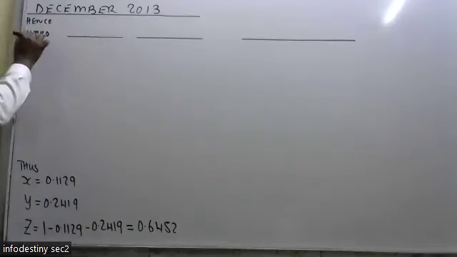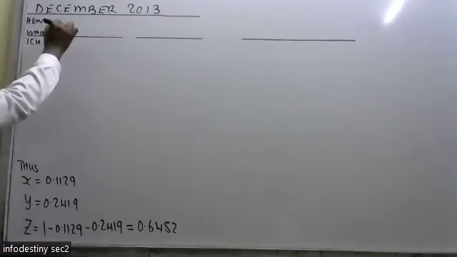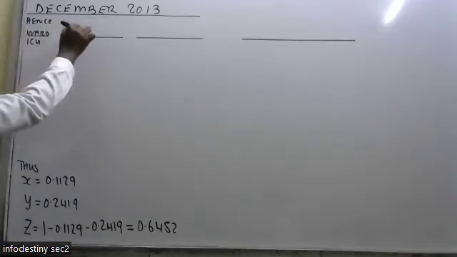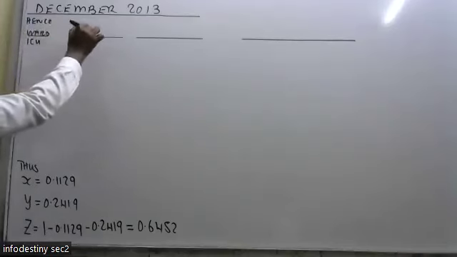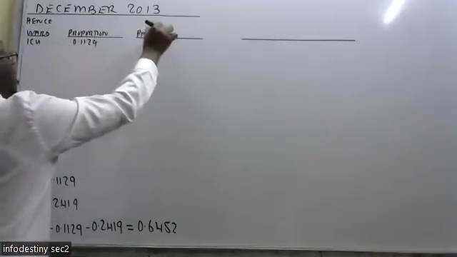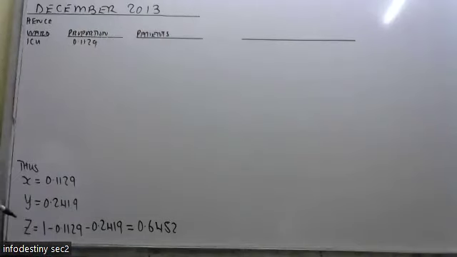For the ICU, the proportion is 0.1129. Then the patients: we are told the entire hospital has 5,000.